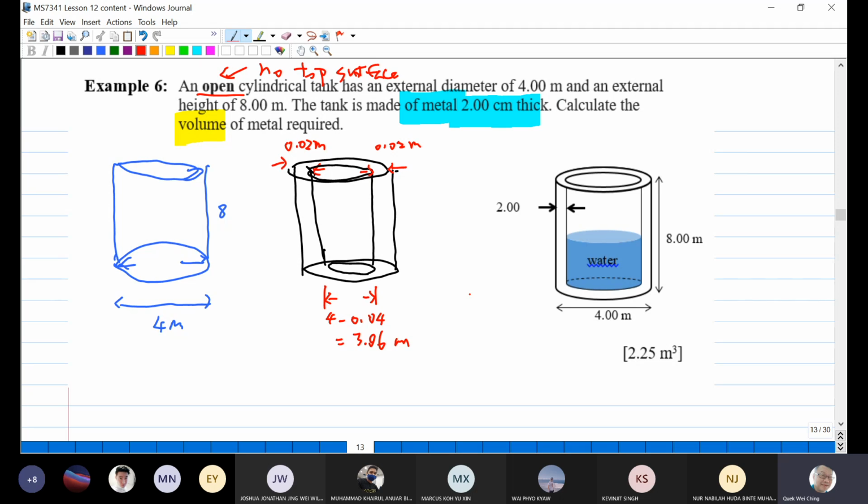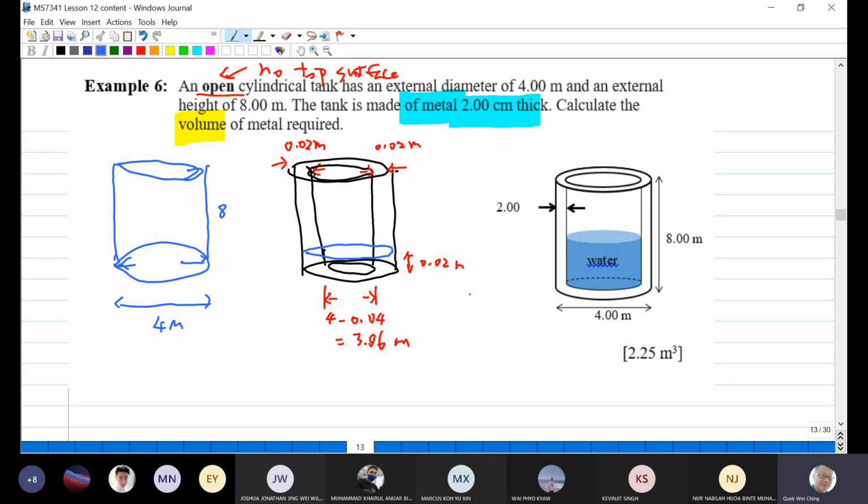And then because it's made of metal, thickness 0.02 meter here, so this one also cuts across 0.02 meter. So you have another layer of circle here. Okay, so the volume of the metal required is actually the volume of this side.